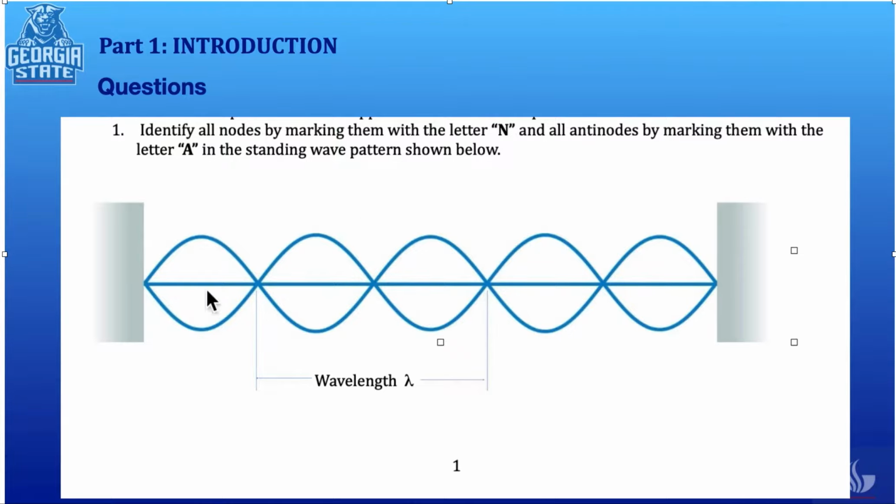You have the standing wave pattern, and I hope now that you know what are anti-nodes and what are nodes. We already discussed that the points where the amplitude is maximum are the anti-nodes, and the points which remain stationary and which have zero amplitude, they are nodes. So I hope that it's not difficult for you to point out where is A and where is N.